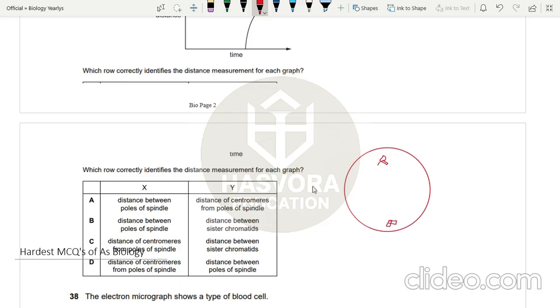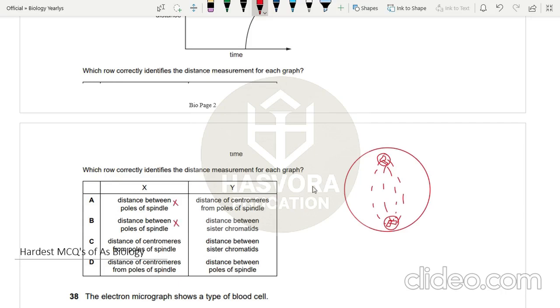So this is what the spindle actually looks like in the metaphase. So these are actually the poles. This and this is the pole, and they have given you that throughout the cell cycle, the distance between these two poles remains constant. They do not increase nor decrease. So these two will be incorrect.